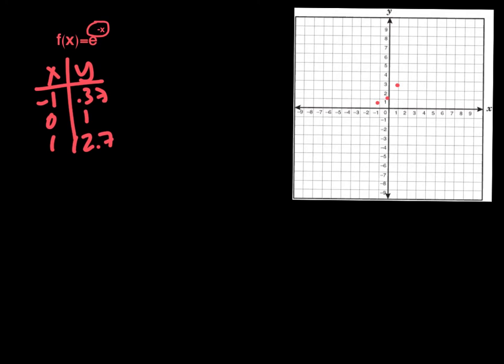Okay. Now we're going to try e to the negative x, just like we did with the 5 to the x. We're still going to use our parent table, -1, 0, 1. My suggestion would always be draw in your parent first, and then do all your transformations. That's the easiest way to do them. However, this negative up here is a horizontal reflection.